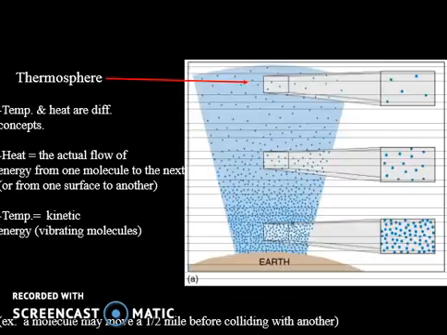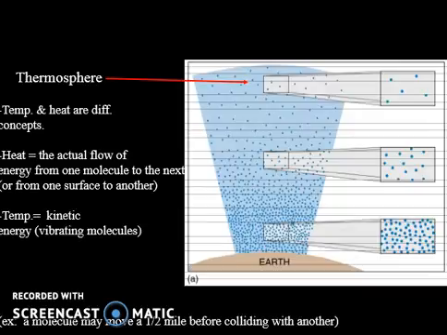And so as we look back at this cross-section of the Earth's atmosphere, we see that we have the thermosphere identified as the outer edge of the atmosphere. Temperature and heat are different concepts when we talk about the Earth's atmosphere. When we talk about heat, it's the actual flow of energy from one molecule to the next, or from one surface to the next.